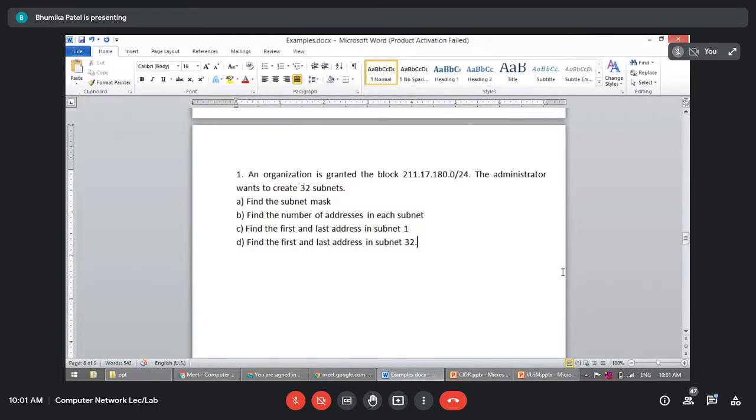We are asked to find the subnet mask, the number of addresses in each subnet, the first and last IP address in subnet number 1, and also the first and last IP address in subnet number 32. So how are we going to find it?